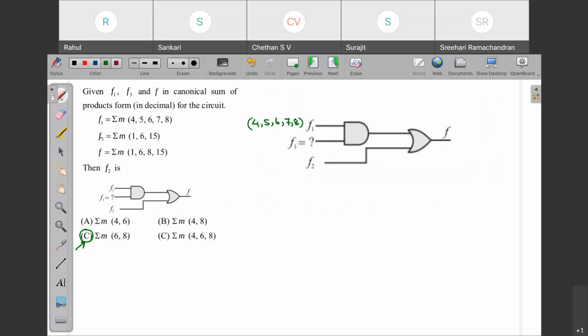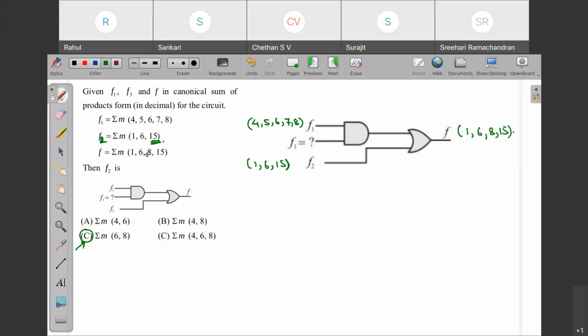I guess this will be F2. F2 is 1, 6, 15. Look here, 15. That means this is a Boolean expression having 4 variables, because with the help of 4 variables only you can get min term number 15. So the minimum is 4 variables. And F is this output, that is 1, 6, 8, 15.